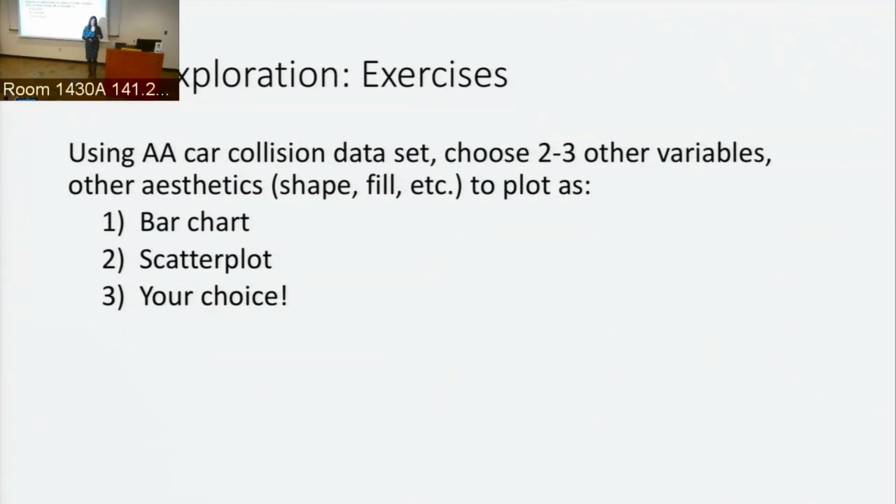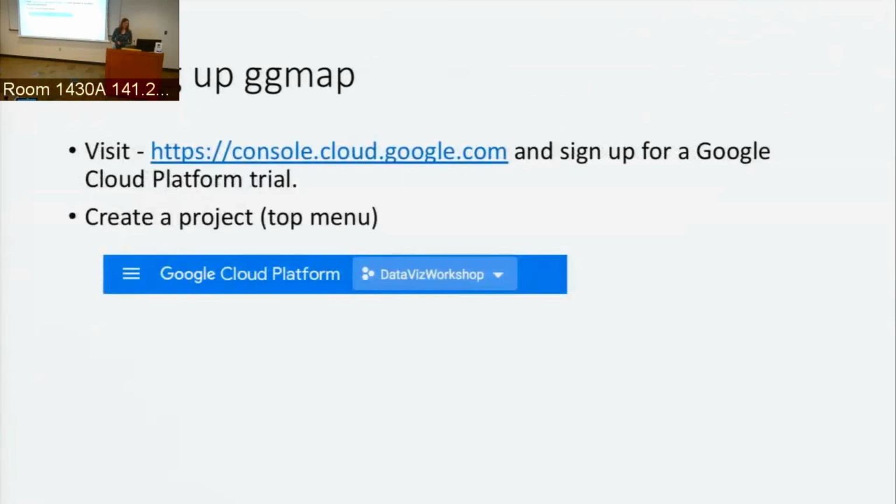Okay. So I'm just going to walk you guys through this Google setup to allow you to use the ggmap tool. So the first thing you need to do is go to this website, console.cloud.google.com, and sign up for a Google Cloud Platform trial. So again, the trial is free.